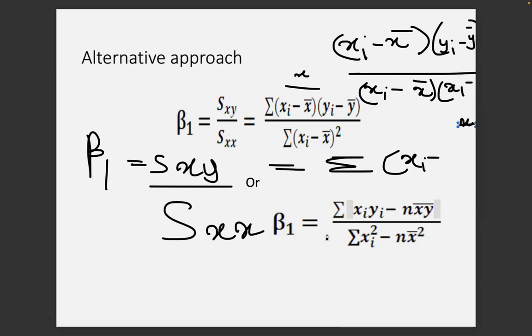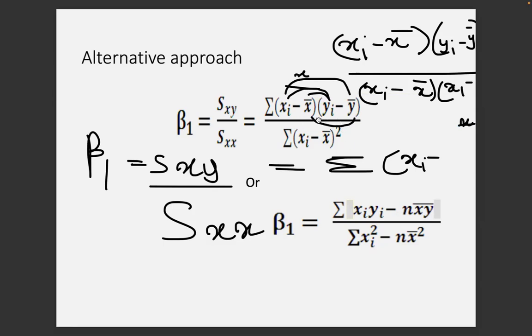So then what do we have? Sigma xi yi minus n times x bar y bar, divided by sigma xi squared minus n x bar squared. That is, when we simplify this equation, we will have xi yi minus y bar x bar, minus yi x bar, plus x bar y bar.